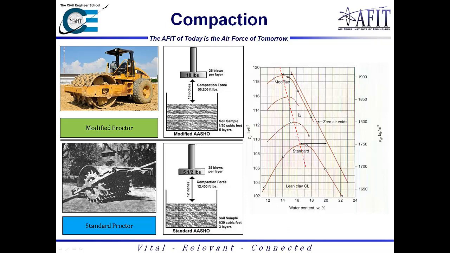So if you can tell, if I was specifying the compaction based on standard Proctor, however someone was using equipment like this, the soil may plot way up here, and so you'd have a dry unit weight in the field way up here, versus we only specified it at about 109, and so clearly you'd have about 115% relative compaction, versus if I specified it at the modified level at about 119, if I was plotting it right here, I probably wouldn't even be at 95%.